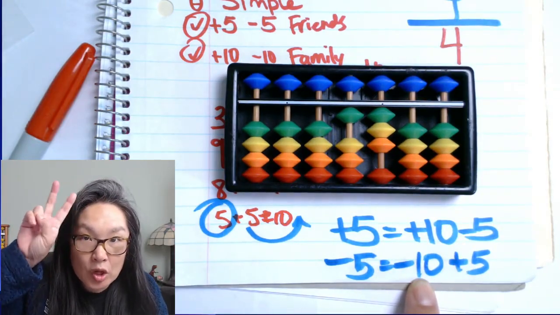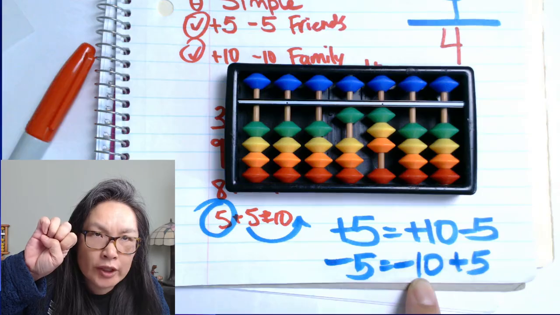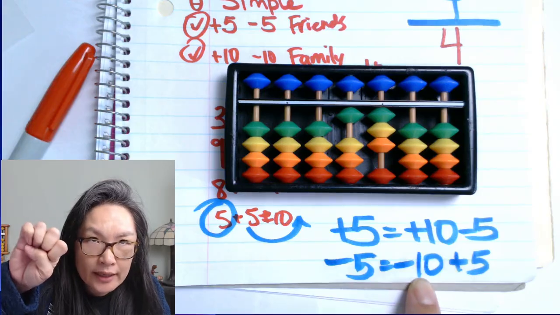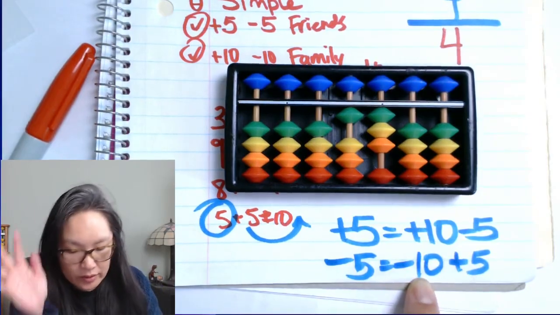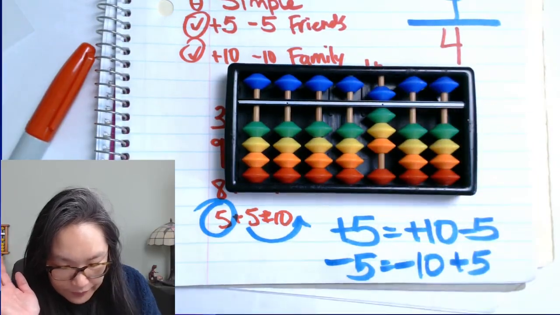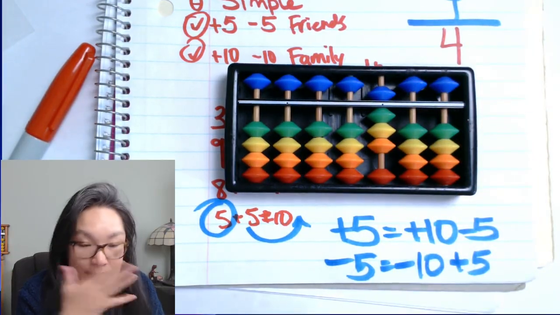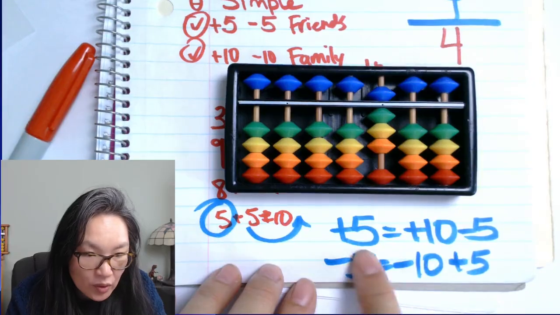Old school people call it borrowing. New school people call it regrouping or trading. Abacus just calls it minus 10. That's all we're doing. Minus the 10 plus the 5. There are different terminologies, but in abacus we only call it that.